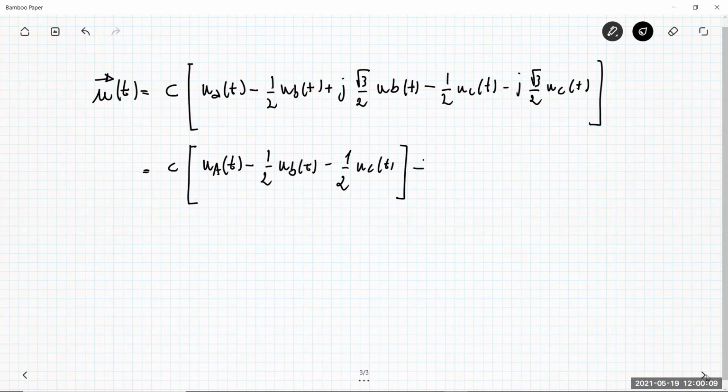So you have c here minus c, and then you have this plus c, this part here, ub, and then this part here, which is negative square root of 3 over 2.